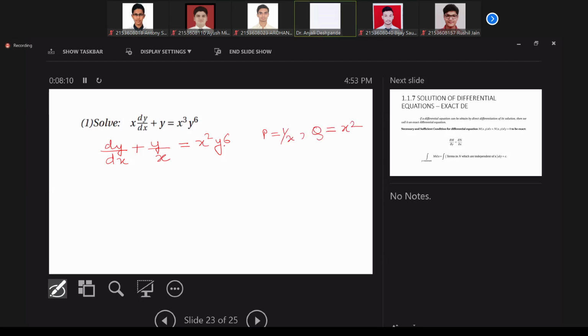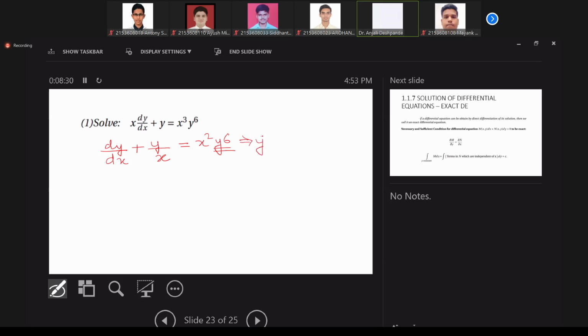Okay, but now this is Bernoulli's form, so we have y raised to 6. So we have to convert it to our normal regular Leibniz form. By what we have to divide? The same thing, y raised to 6. Now if I divide by y raised to 6, what I will get?